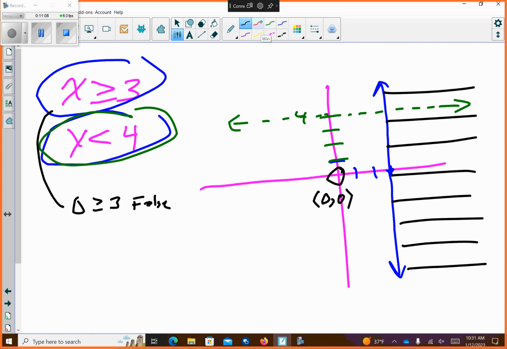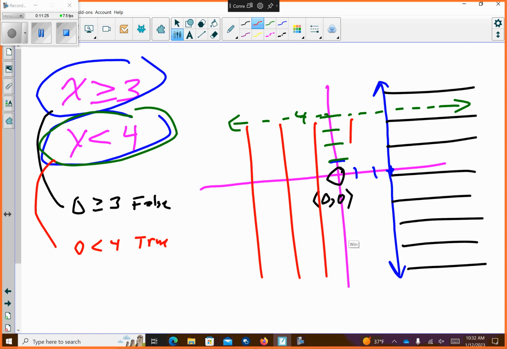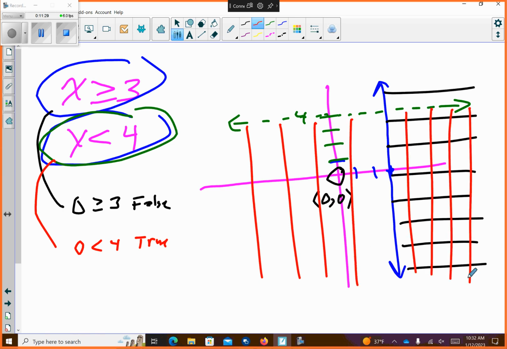Then I'm going to take 0 and plug it in here. So I get 0 less than 4. That's true. So for the green line, I'm going to shade the side of the line that the 0's on, which is the bottom part. Friends, where does the solution appear to be? Yeah, this is where the solution lives, down here. Okay?